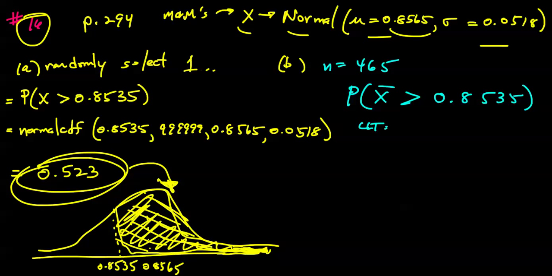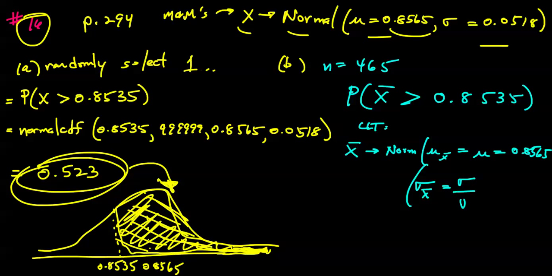The central limit theorem tells us sample means are normally distributed with a mean that follows the original population mean, which here was given to us as 0.8565. The standard deviation of the sample means is your original SD divided by the square root of the sample size.